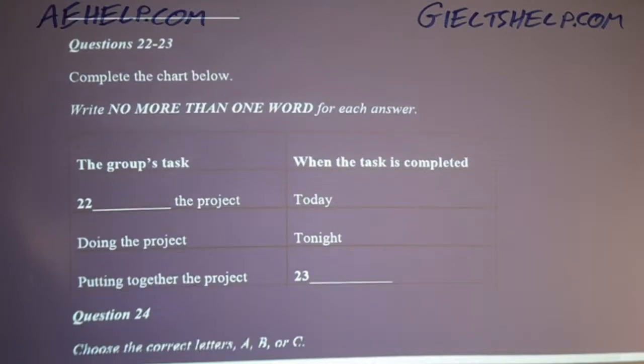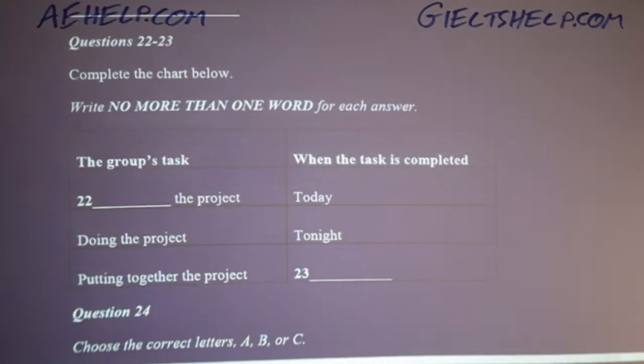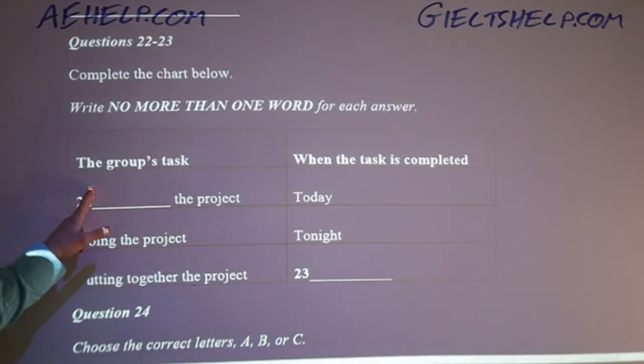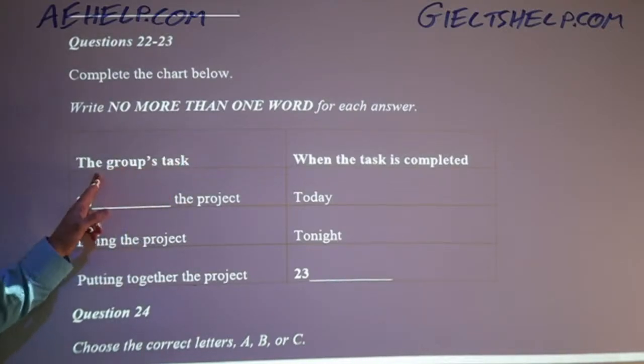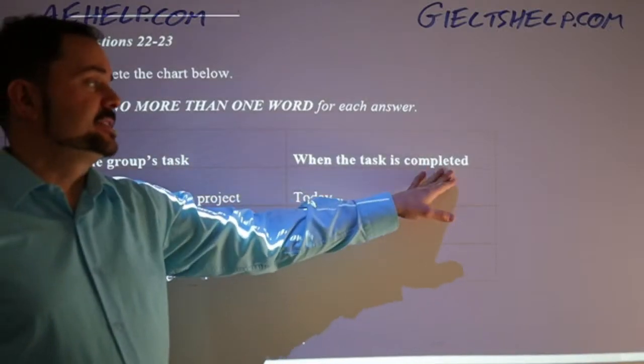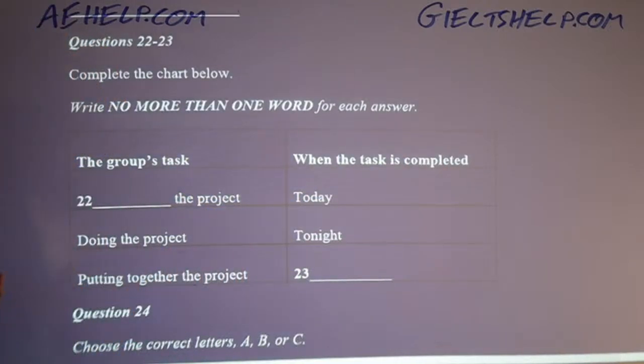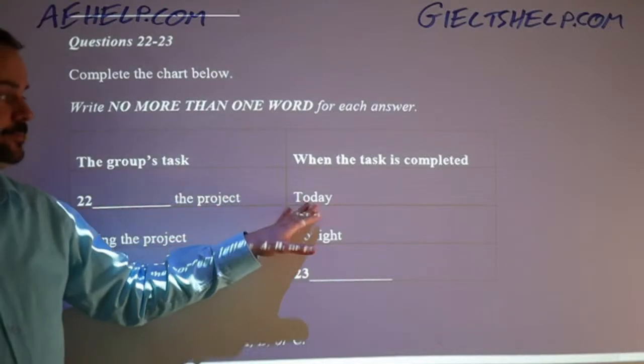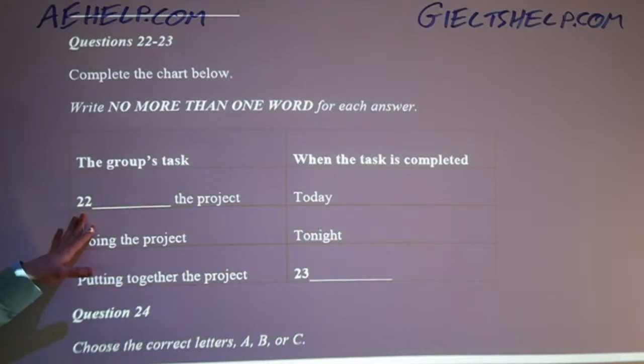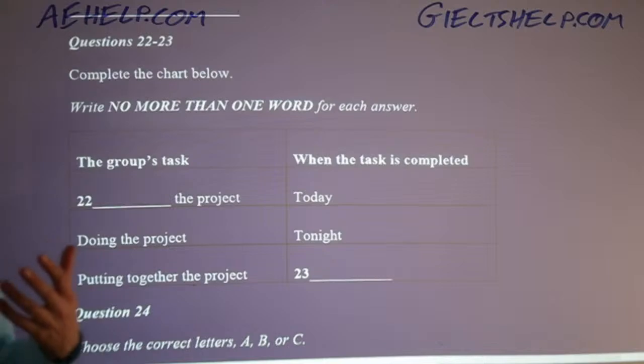All right, so here we have a chart completion. For chart completion, really pay attention to the titles of the columns and rows. So here it's the group task, and then here when the task is to be completed, and really follow logic, okay? So today, what are they doing? Number 22, and I think it's quite simple.